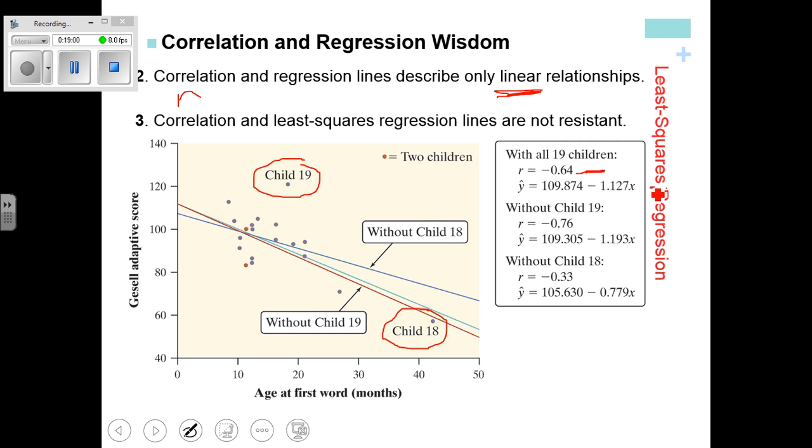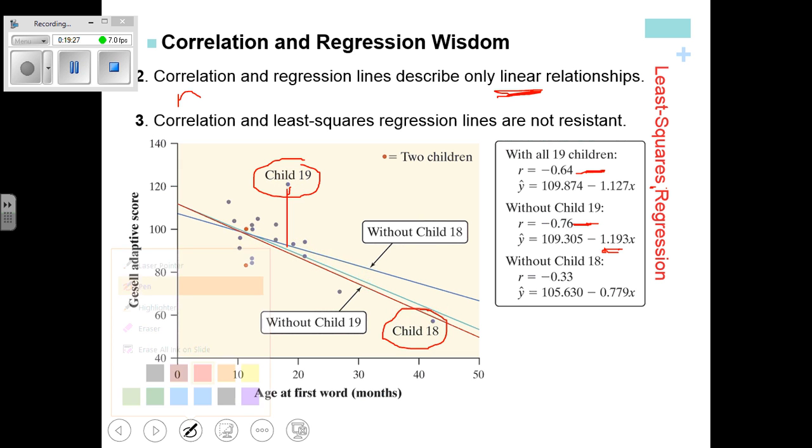And notice, without that child 19, which was an outlier, our R is becoming stronger if we remove that one, of course because the points are now closer to the line. And the slope is changing, but only slightly. Removing that outlier, it has such a strong residual, it's not going to change the slope much. It's mostly going to change the correlation.